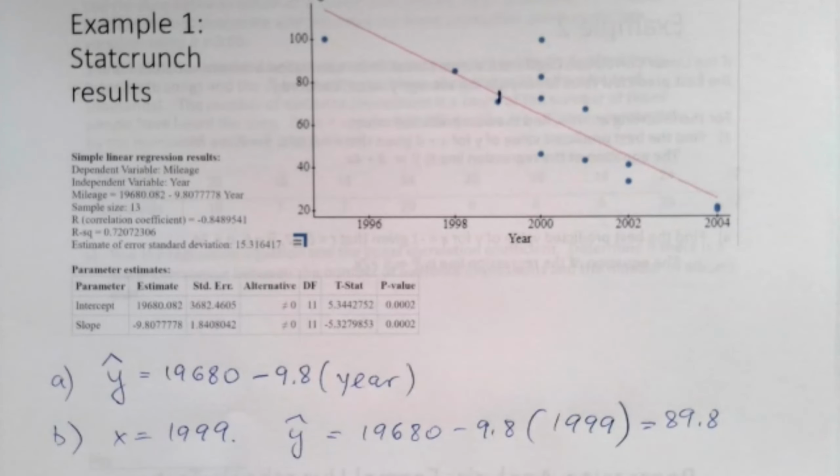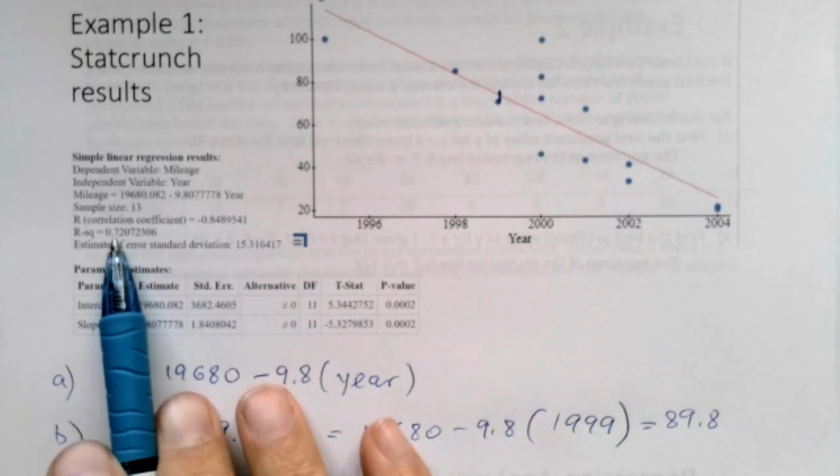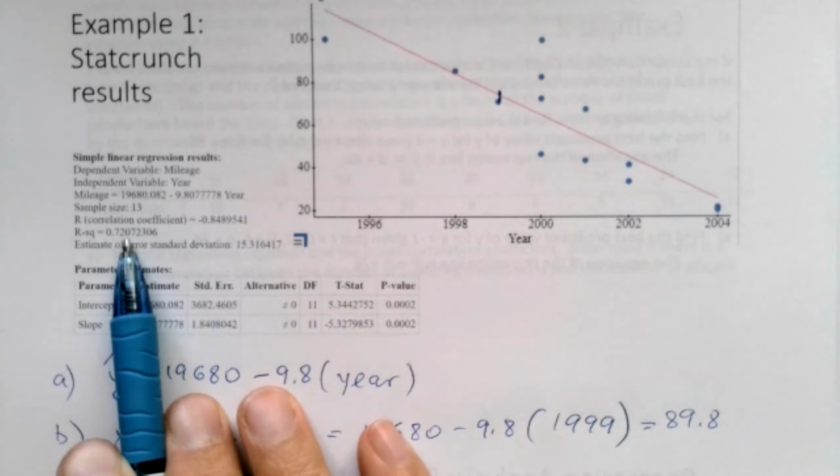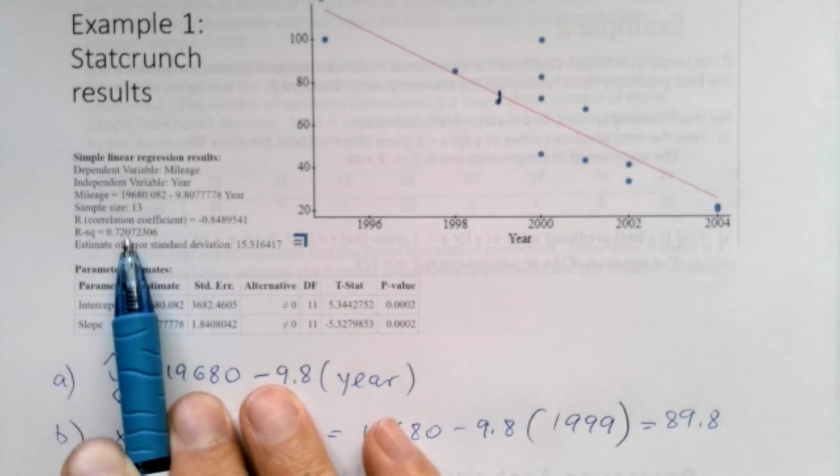Okay, so in this case, 72% of the mileage is explained by age. The rest of it could be due to other factors, other variables.